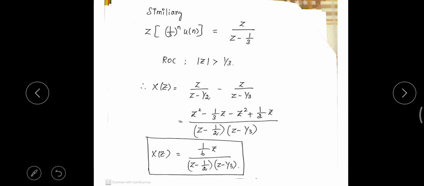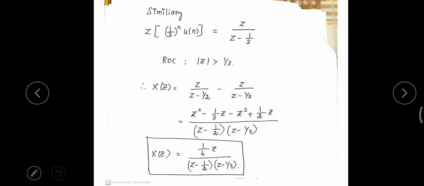I will take the other part of your x of n, that is nothing but (1 by 3) whole power n u of n. Similarly, you can find the Z transform for this signal. Similar to the previous one, here X of z is nothing but z divided by (z minus 1 by 3), provided that the ROC is mod of z greater than 1 by 3.